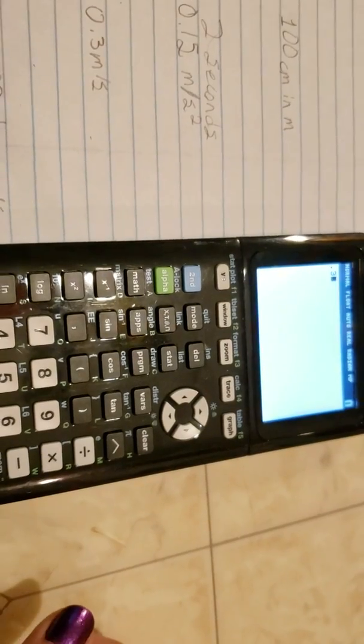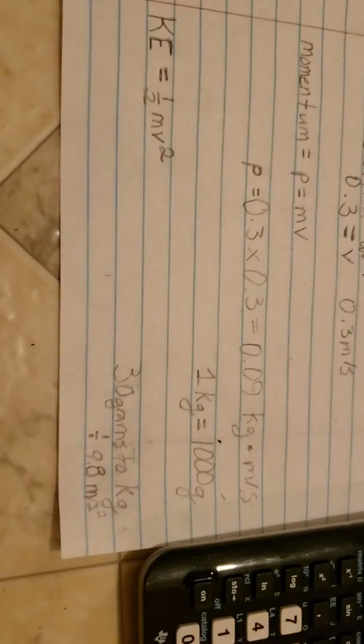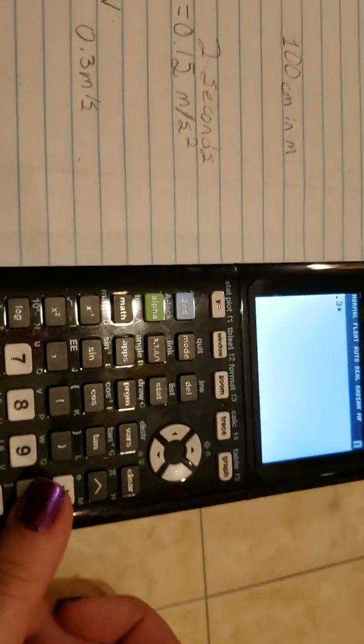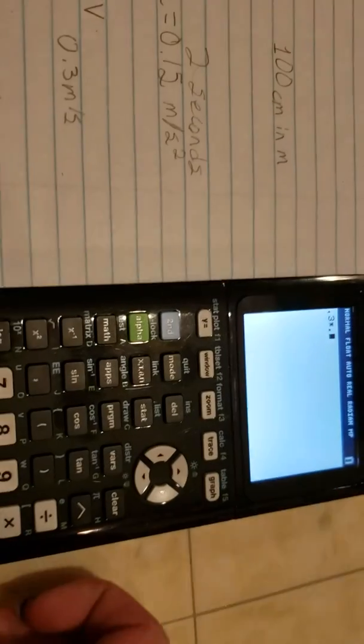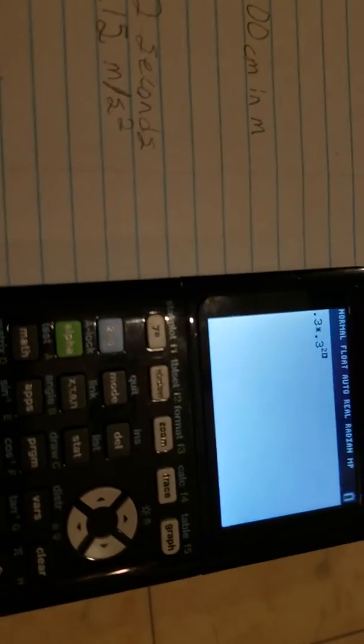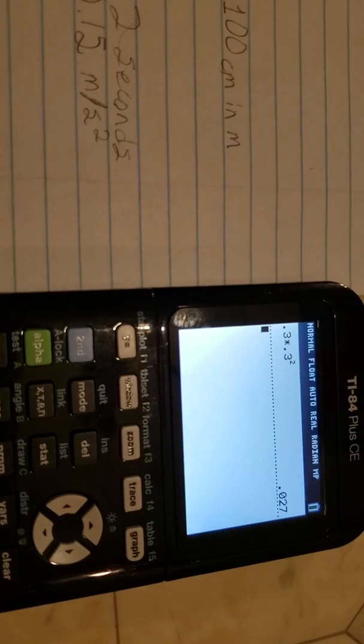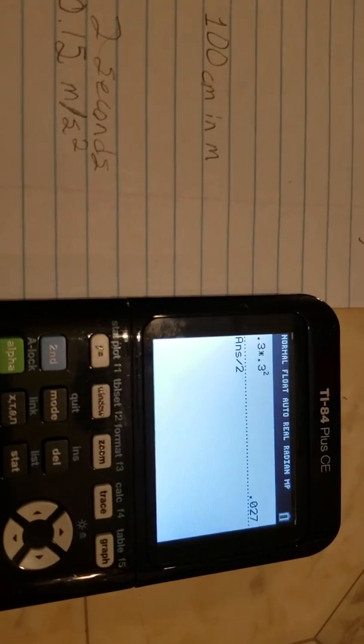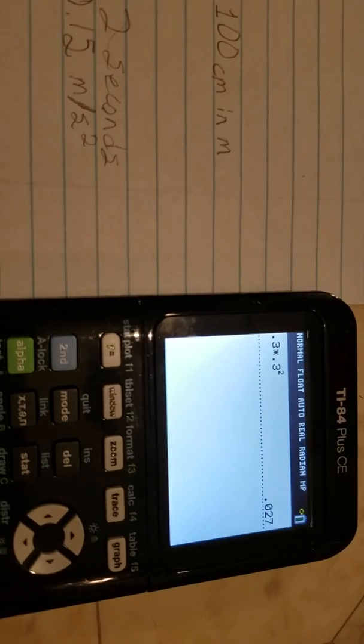So we're going to take our mass, which is 0.3, and multiply that by our velocity value, which was 0.3. We're going to square that because that is what the formula says. 0.3 times 0.3 squared. Now we just divide it by 2, because multiplying by 1/2 is the same as dividing by 2.